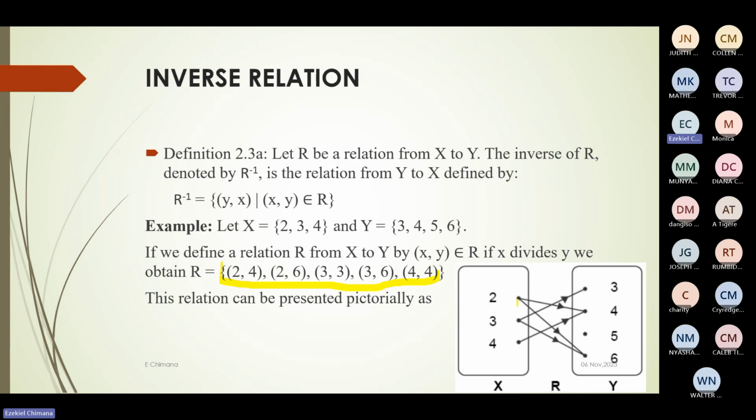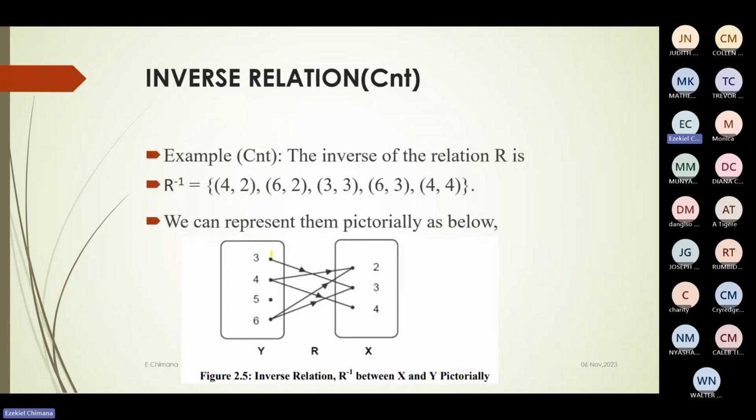That's why you have these arrows from 2 going to 4 and 2 going to 6. It's just the same 3 to 3 and then 3 to 6. So if you want the inverse of this, it's now from this direction going this direction. So this is just the example of the inverse of that relation.